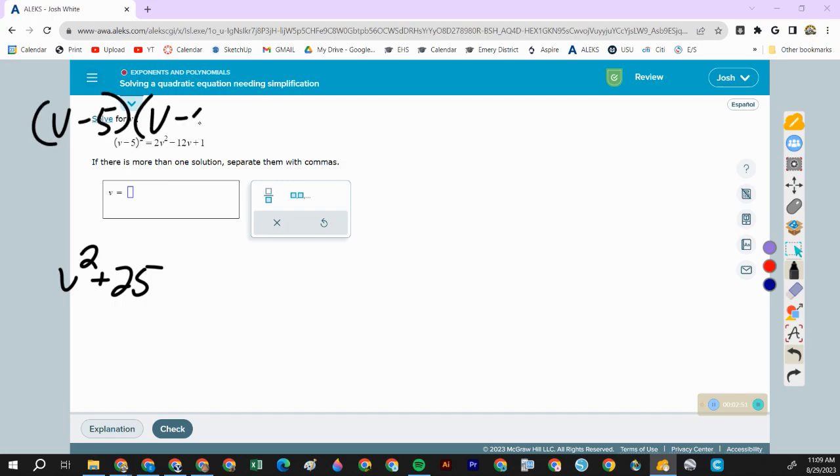If we write it out, here is my v squared, and here is my plus 25. But I'm going to have two copies of this. One of them comes from v times negative 5, and the other one comes from negative 5 times v. So it's minus 10v plus 25.